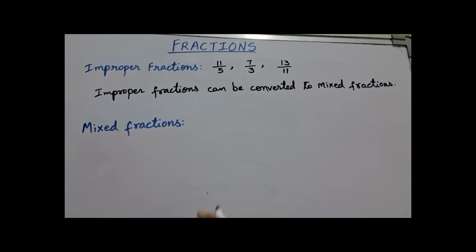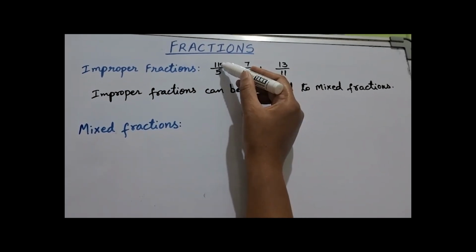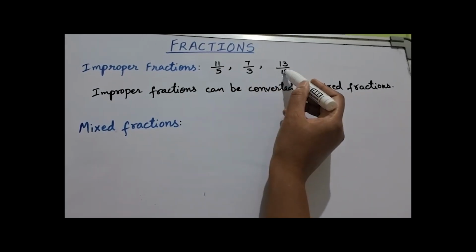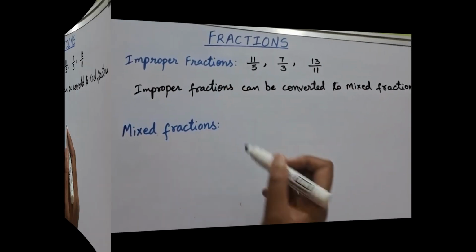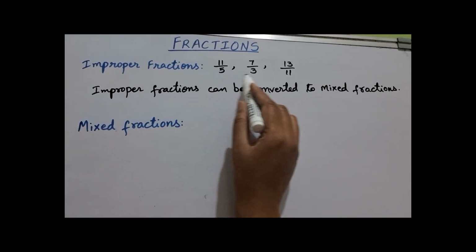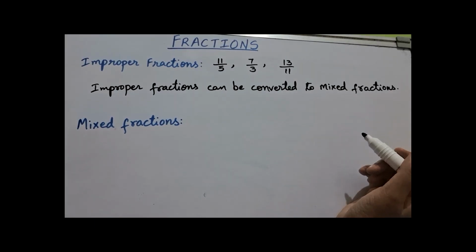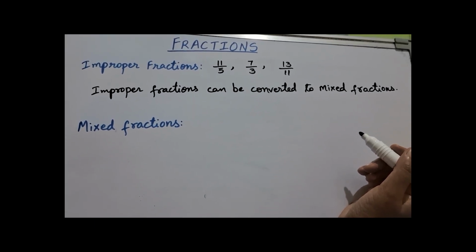Children, we have seen that improper fraction means whenever the numerator is greater than the denominator, that type of fractions are called improper fractions. So, any improper fraction can be converted to a mixed fraction. How we are going to convert, that we will see.